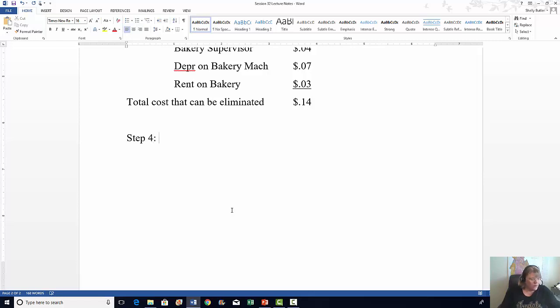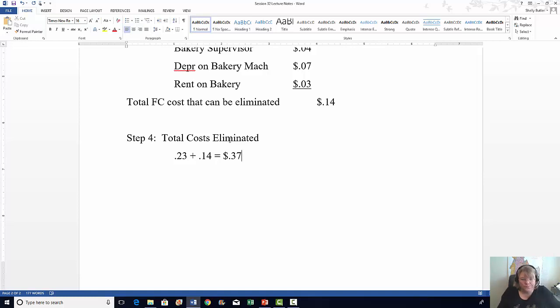Step 4, total costs eliminated. This is total fixed costs. Total costs eliminated are 23 cents plus our 14 cents is only 37 cents.